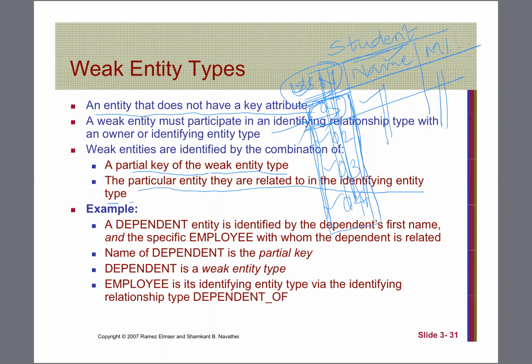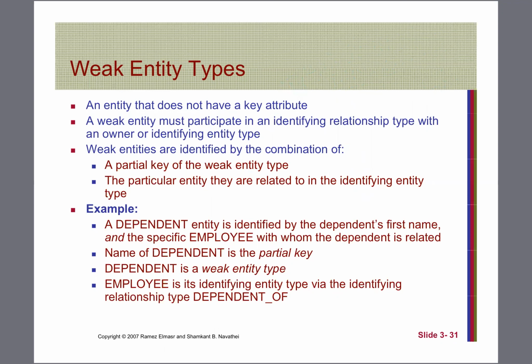So for example, from the dependent table, name was the attribute which was behaving as a partial key, combined with a value from the employee table. So what will happen?